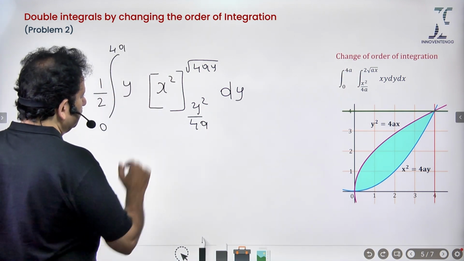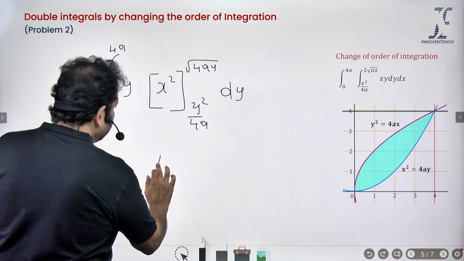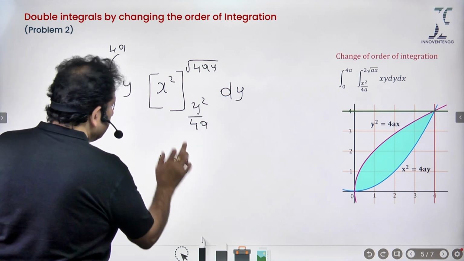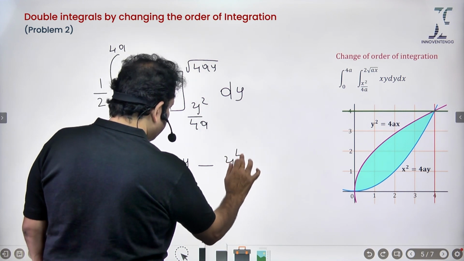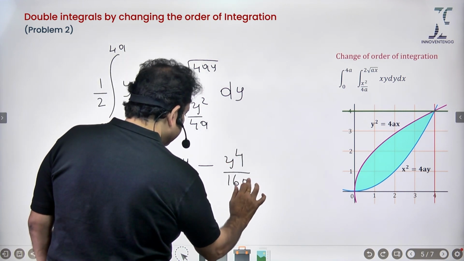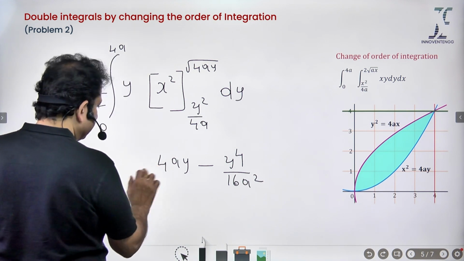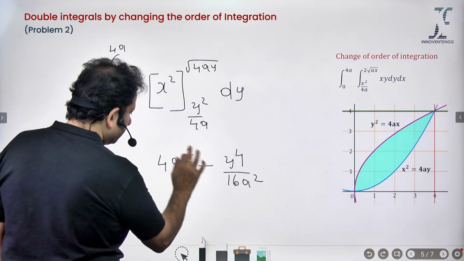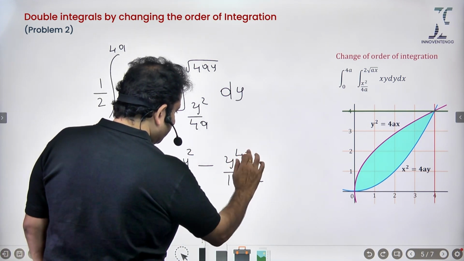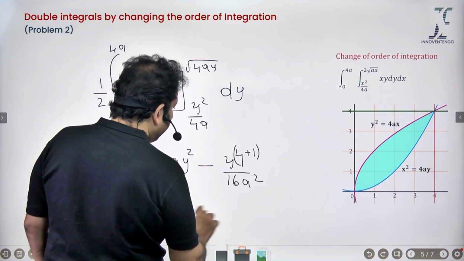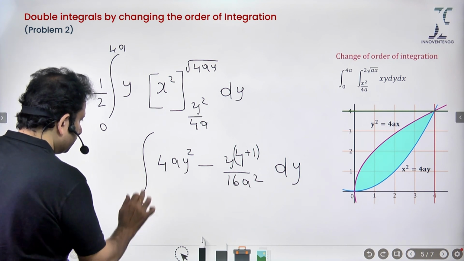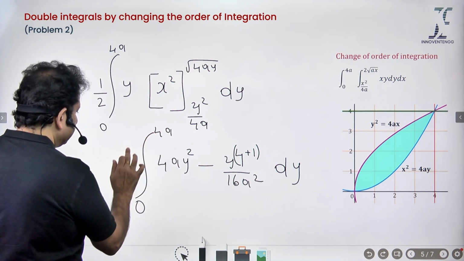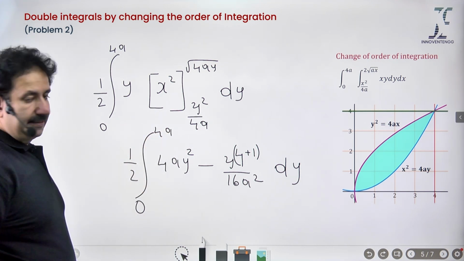So if I substitute the upper limit, what will I get? I'll get 4ay because you are squaring it up, and then here you will get y power 4 by 16a square, and then multiplying this by y, so this becomes y power 2 plus 1, and then dy, and then what are the limits? 0 to 4a, and then this is half, right?